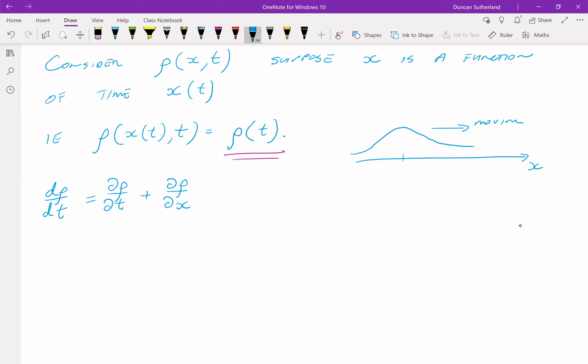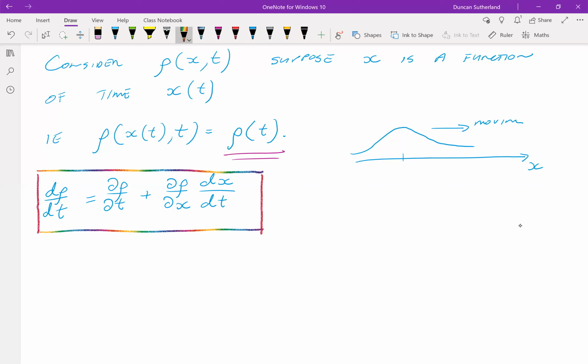So we've got this rate of change of rho with respect to space times how the space is changing with respect to time. Right, so this we call the chain rule. This becomes very important for solving partial differential equations and applying transforms to things.